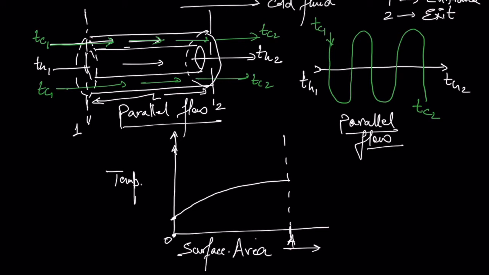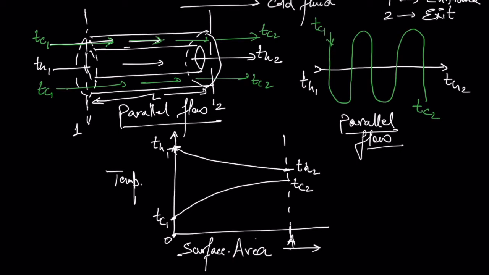And the temperature of the hot fluid is somewhere here, and at the exit it will decrease, so it will be like this. So TH1, this is TC1, this is TC2, and this is TH2.